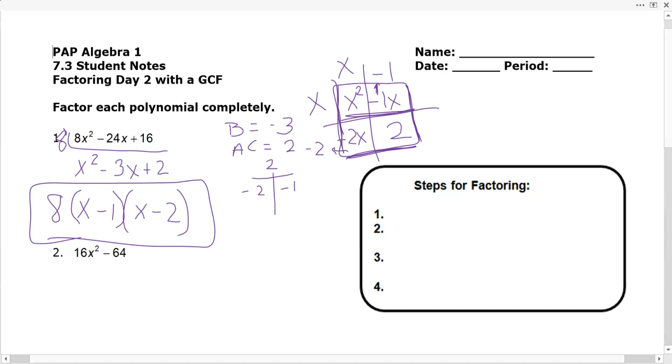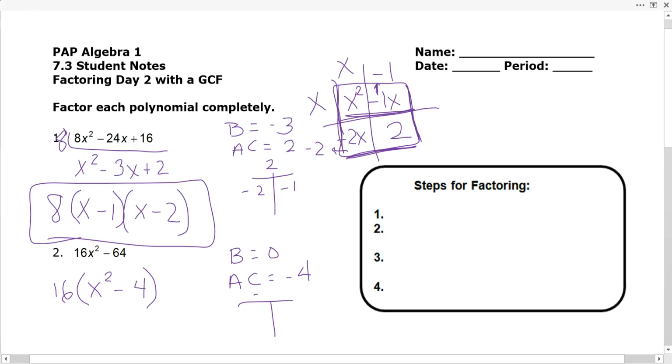makes it really easy. So number 2, let's take out 16 times 4 is 64. So I can take out my 16 and I end up with x squared minus 4. My sum is 0. My product is -4.